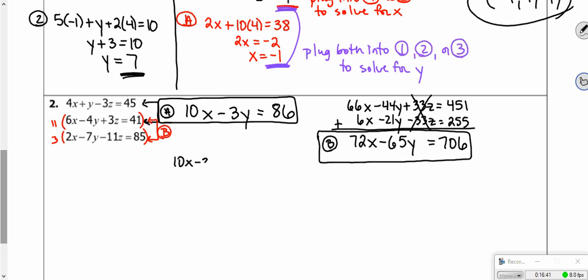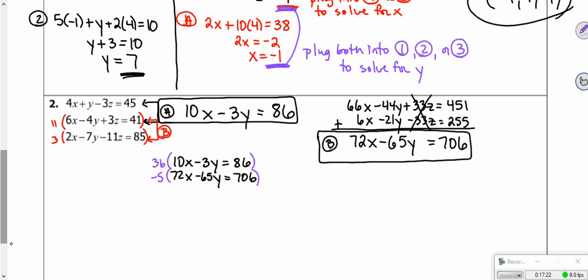So 10x minus 3y equals 86, and 72x minus 65y equals 706. So let's multiply the top one times half of 72. Let's do 36 here, and let's do negative 5 here. We're going to eliminate x's. You could have done 72 and 10, but I'm just essentially taking the 2 out to make the numbers a little smaller. So the least common multiple here is 360.